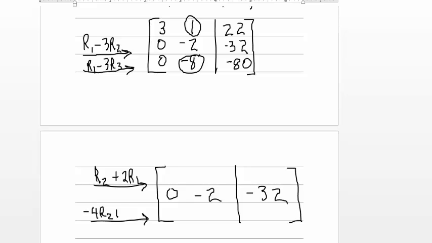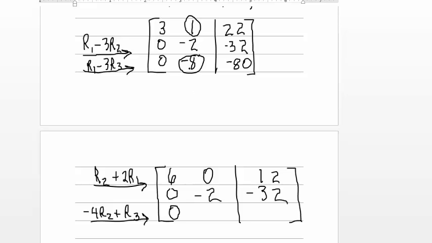We're going to multiply -4 by row 2 and add that to row 3 to get our new row 3. So 0 plus 2 times 3 is 6. -2 plus 2 times 1 is 0. -32 plus 2 times 22 is 12.